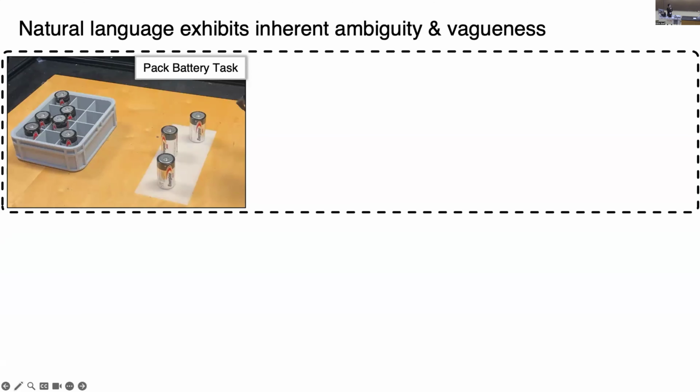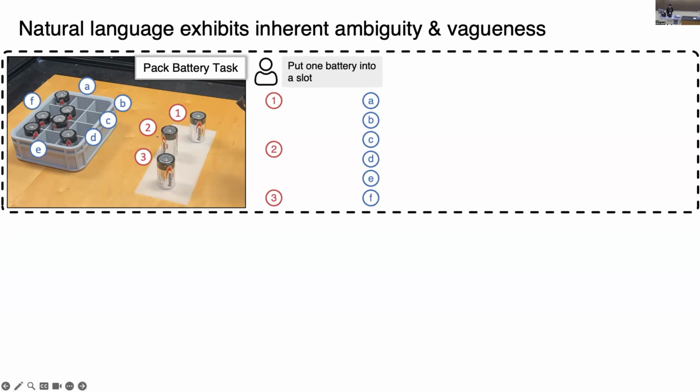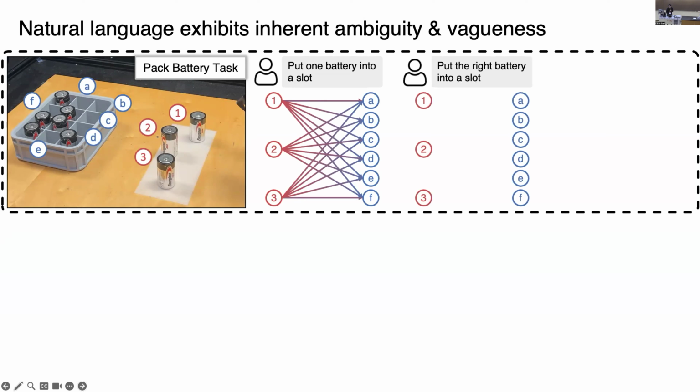Whereas if you want to steer the model to do different types of tasks, for example, in these scenarios where you have 3 batteries and trays with many different slots for the insertions. If the instruction is put a battery into all slots, there are in total 18 possibilities of inserting these batteries into these slots.